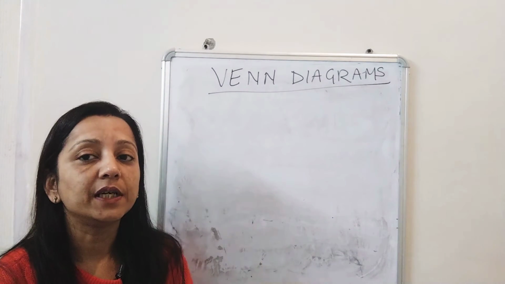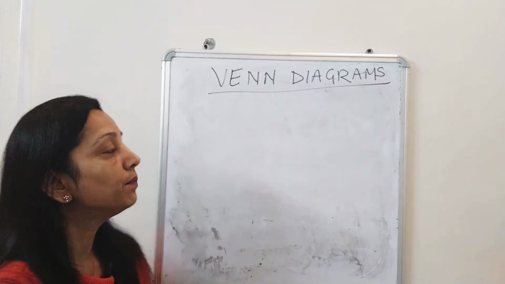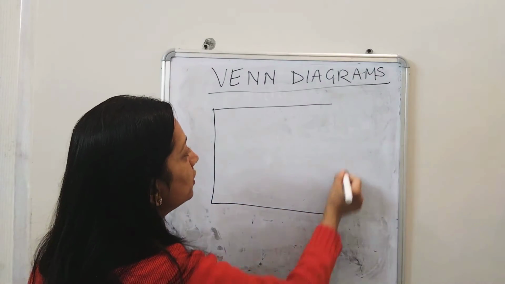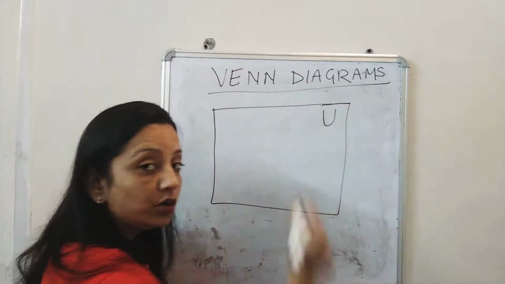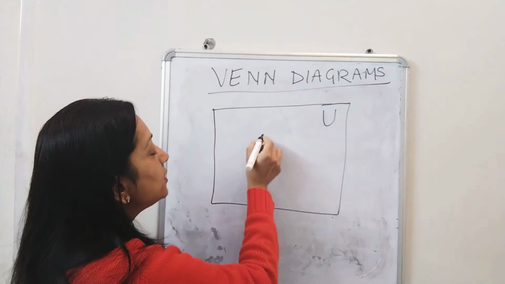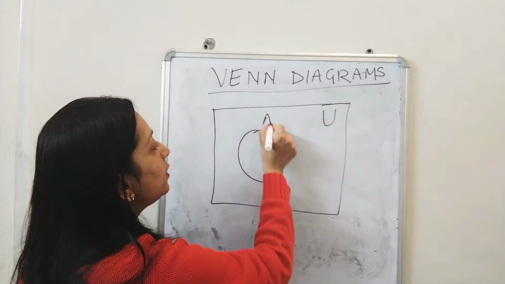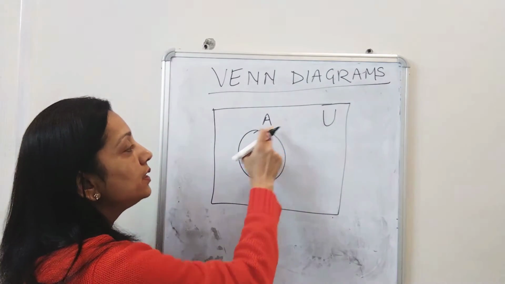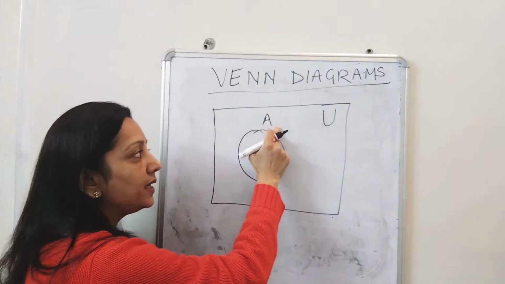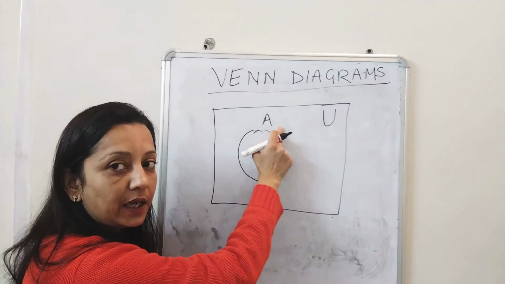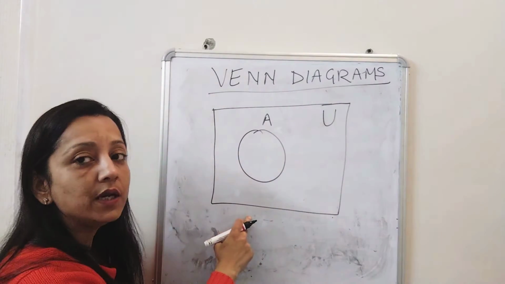It is represented in a plane, wherein this rectangular region represents the universal set, which is denoted by capital U, and the circular discs represent the set under consideration. So here this disc is representing one set called set A, and U represents the universal set to which this set A belongs. So this is a Venn diagram.